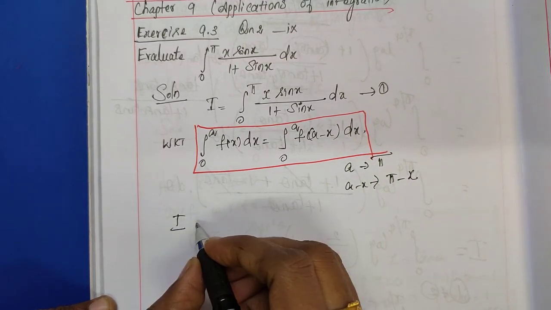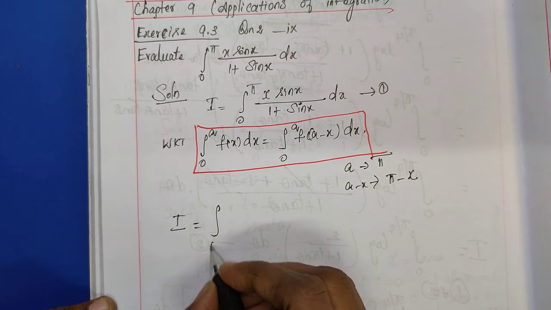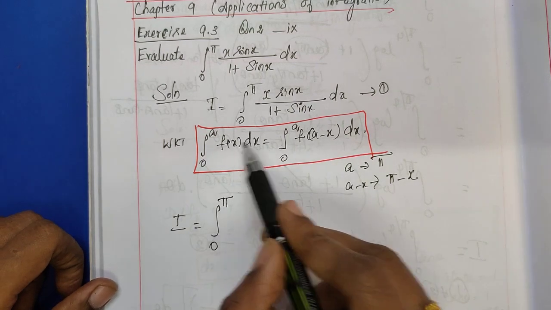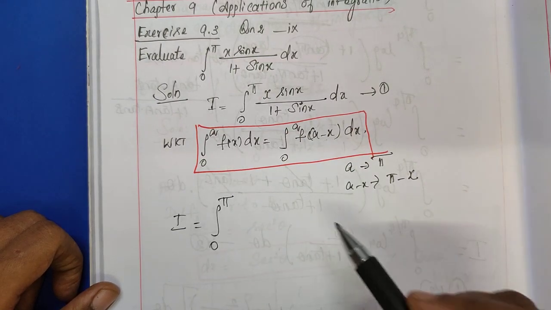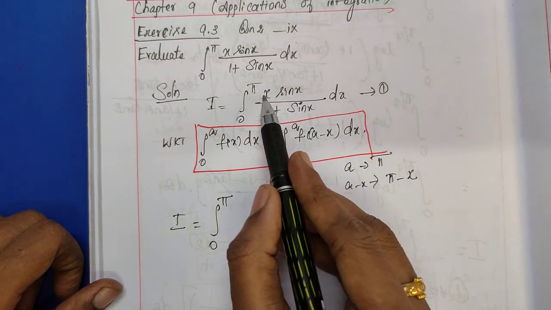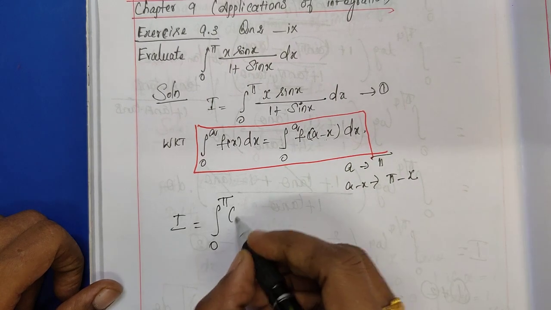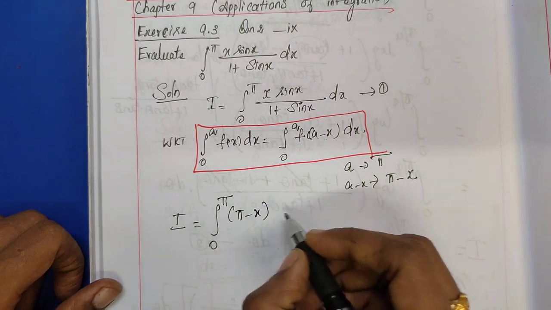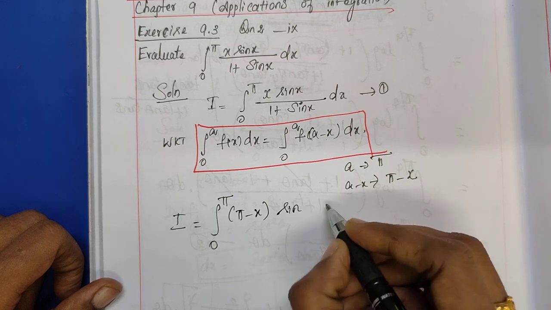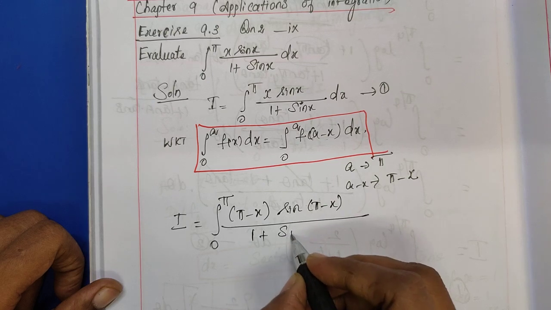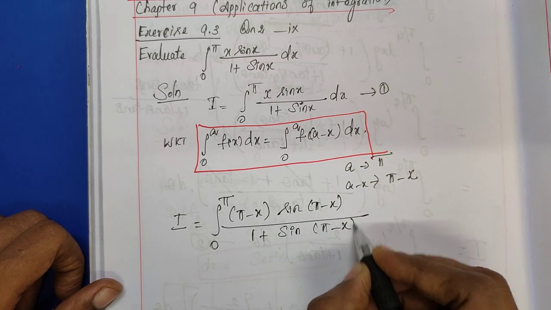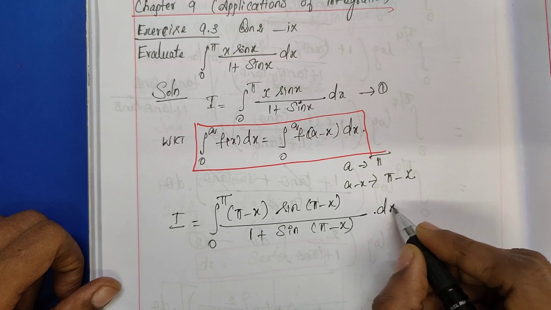Therefore our integral I is equal to the integral from 0 to pi, where every x is replaced by pi minus x. So this x becomes pi minus x, and sin x becomes sin of pi minus x, divided by 1 plus sin of pi minus x, dx.